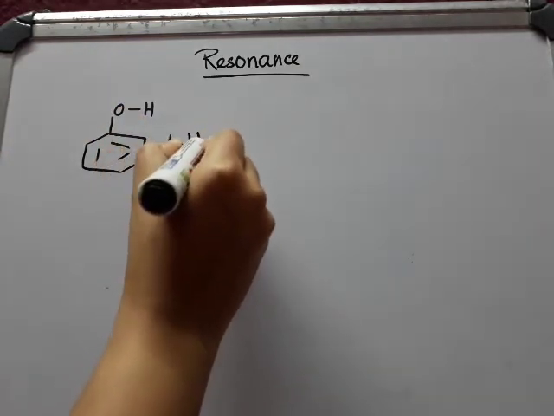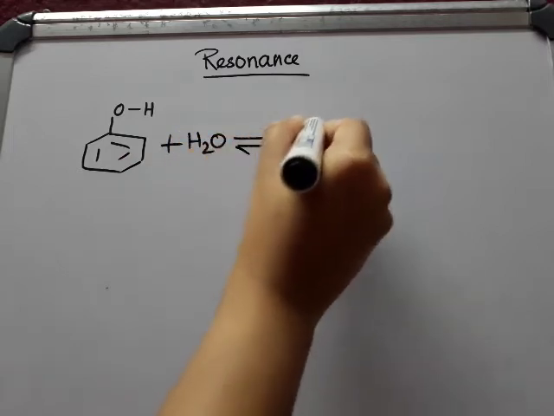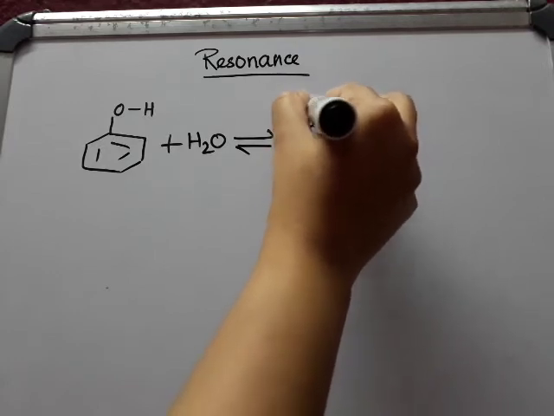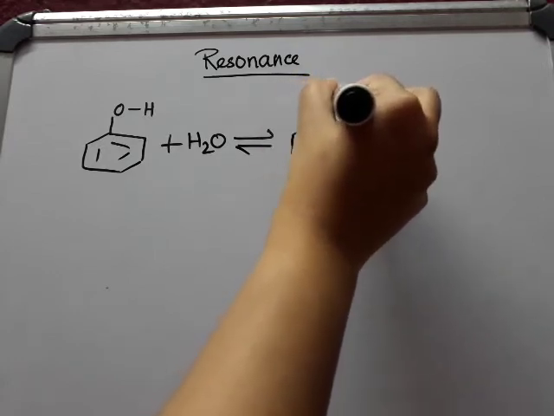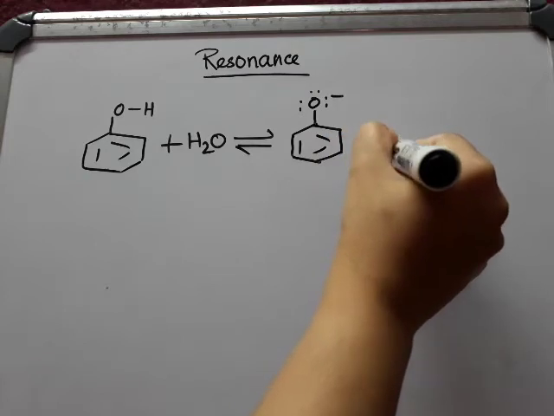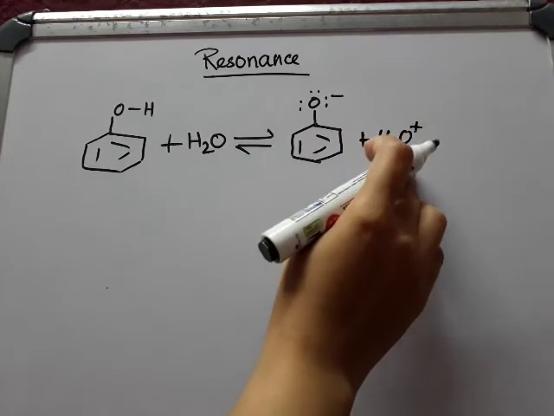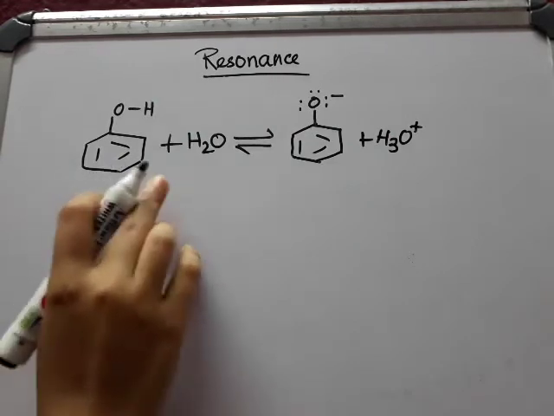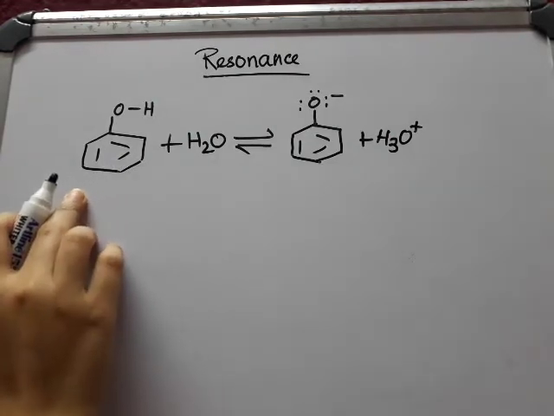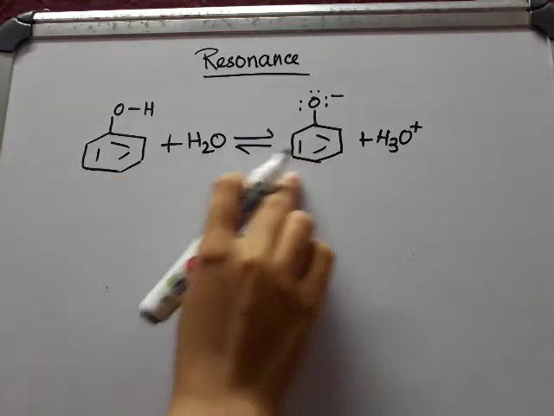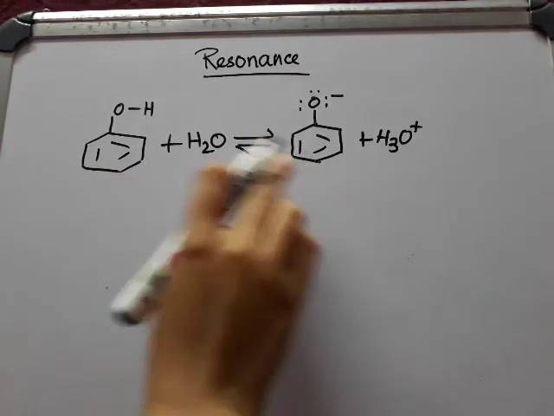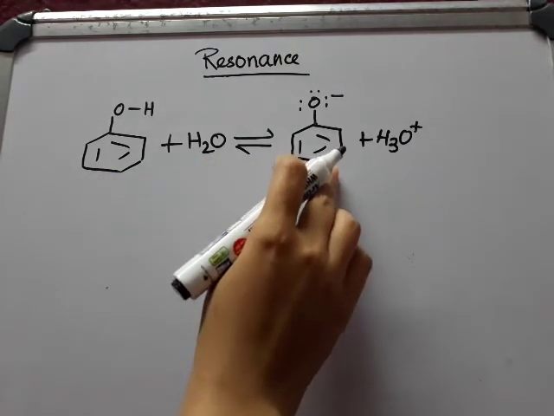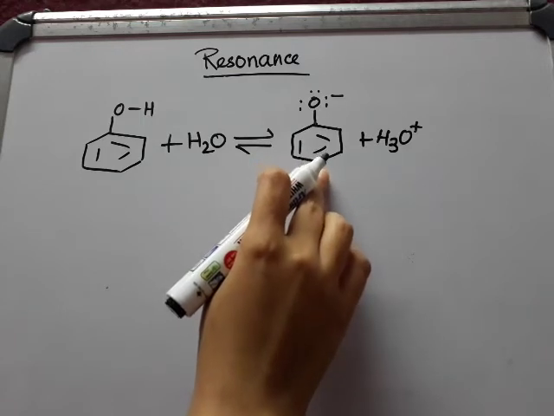So in aqueous solution it will produce phenoxide ion, which is this one, plus H3O plus. Production of this H3O plus is responsible for the acidity of phenol. So we can say that if this equilibrium is shifted towards right, then it will behave as a good acid. So here is a question of stability of this phenoxide ion.